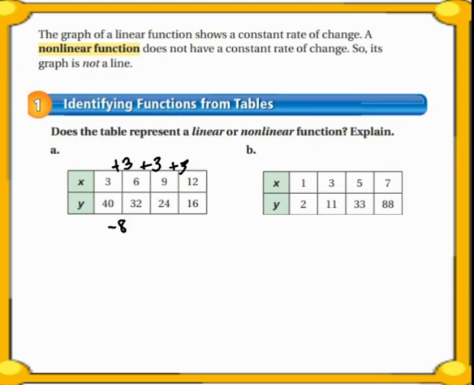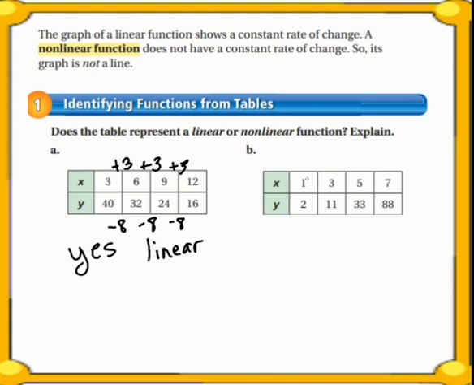If you do 32 minus 24, the question is, do you get 8 again? Each one of these has to be the same. 32 minus 24 is 8 again. 24 minus 8 is 16. So this is constant and this is constant. So yes, it is linear.